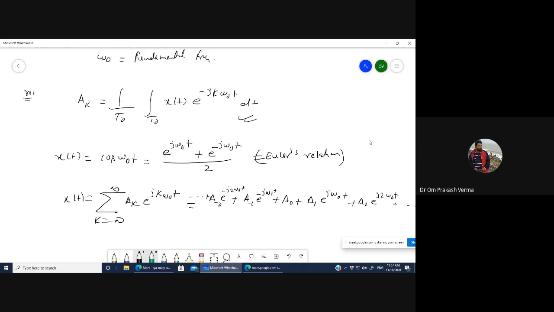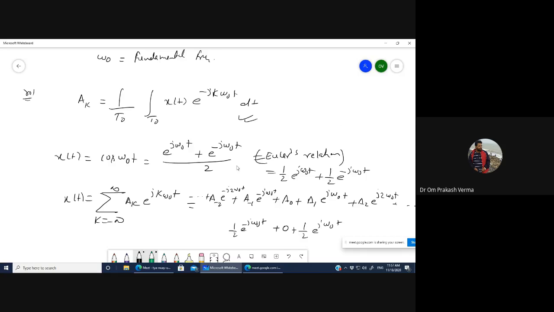So can you tell me, here a naught is 0, and a1 is 1 by 2 e to the power j omega naught t plus 1 by 2 e to the power minus j omega naught t. So this is the equation.